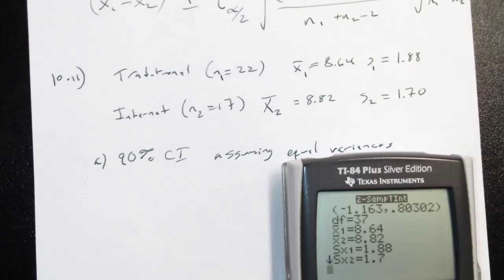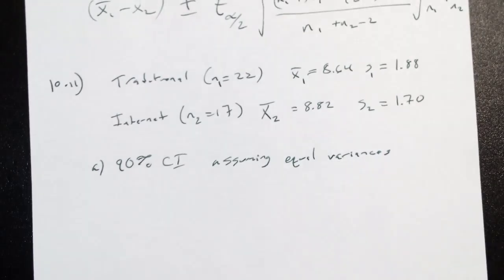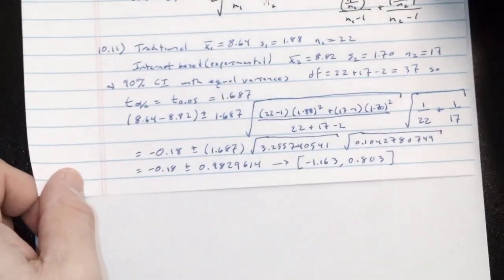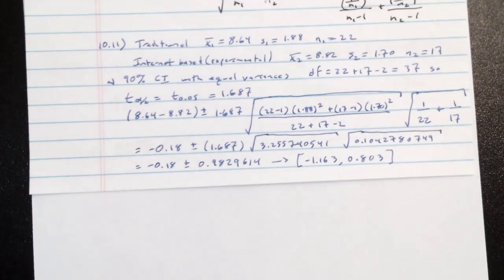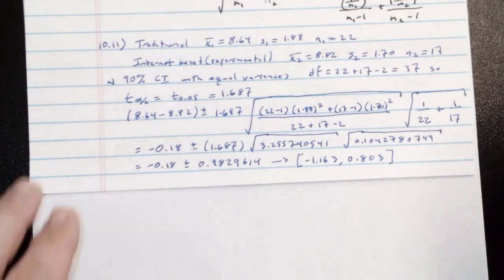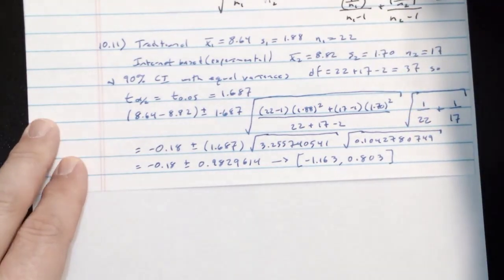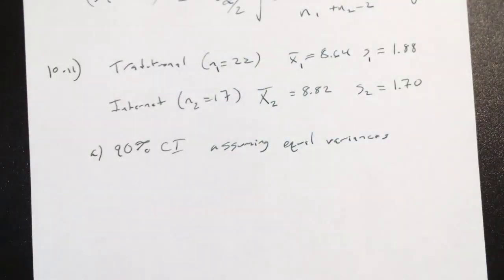Now, I did this by hand because I'm that kind of geek. I did all the same work and I got the exact same freaking numbers. Oh, thank God I don't have to do it by hand. Questions?